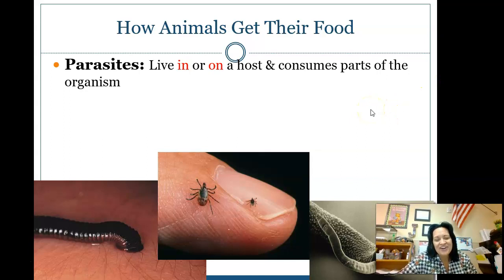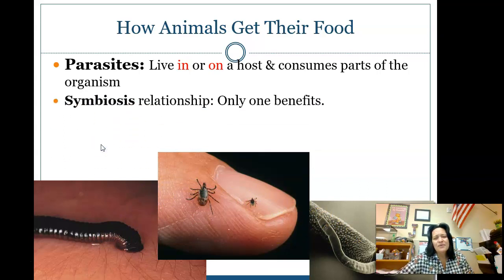Parasites live in or on a host and consume parts of the organism. So here's some worms here and a leech, right, and ticks. So there's a few different kinds. A symbiosis relationship is where only one benefits. So they're just mooching off of the organism that they're eating off of.